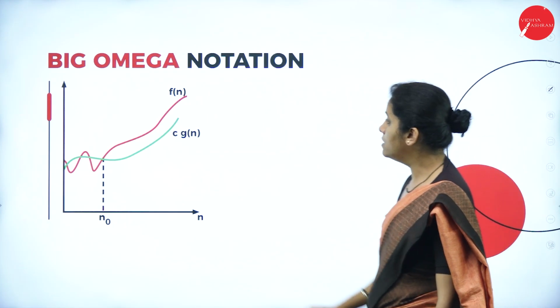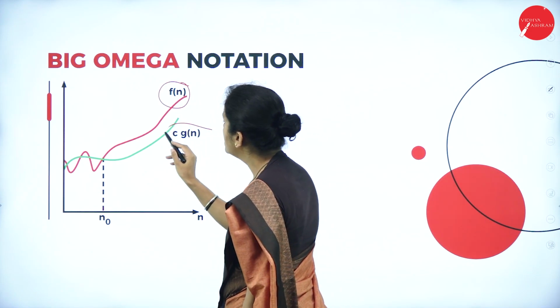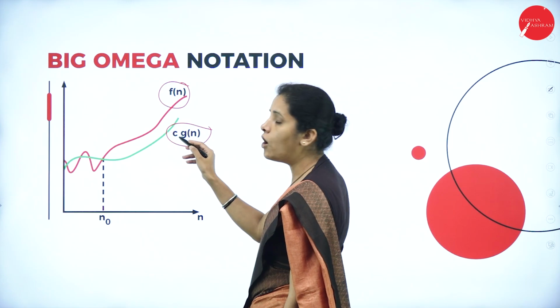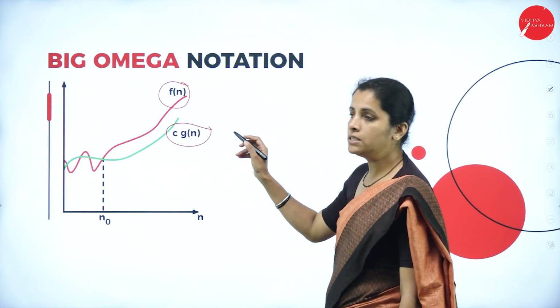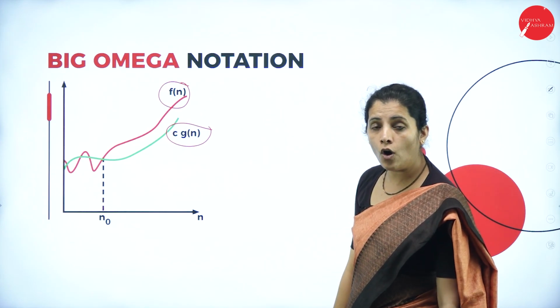See here, I'm going to have the function and my C of g of n. In the sense what? My function is always greater than the C of g of n.